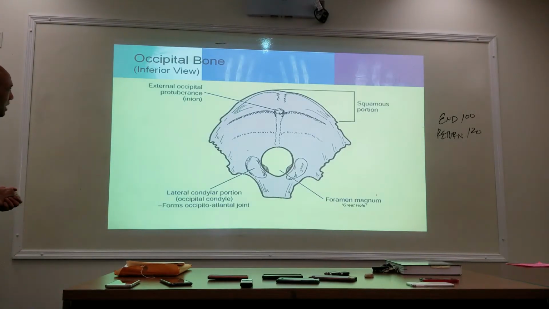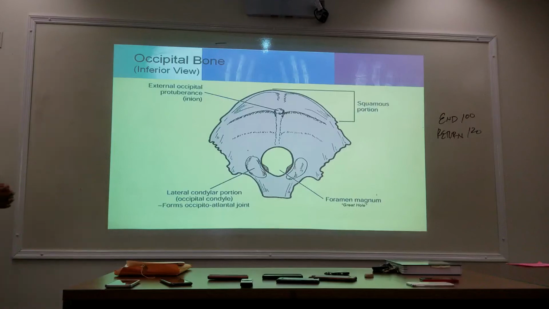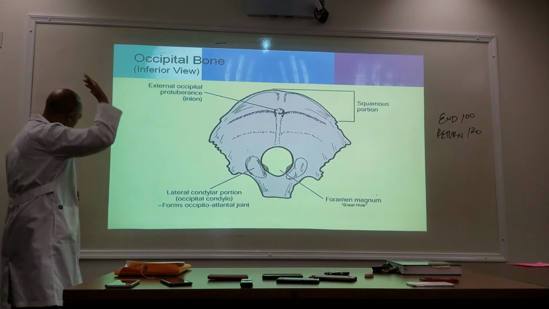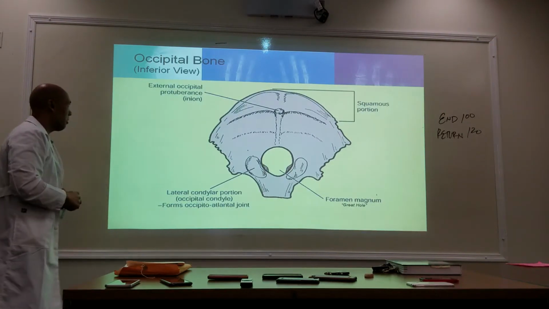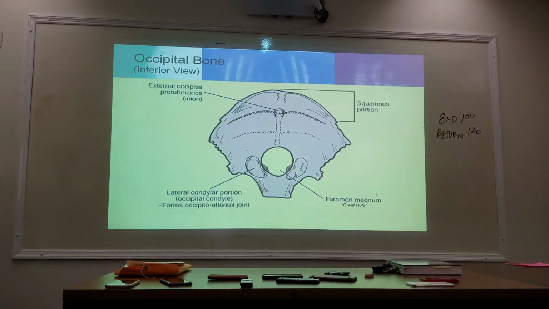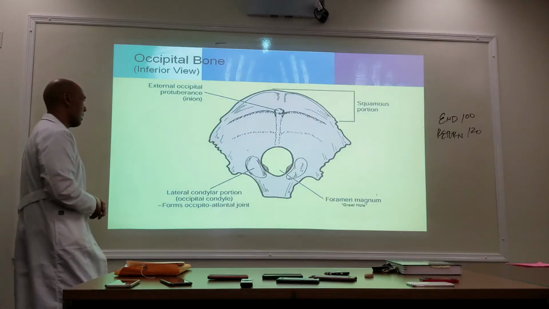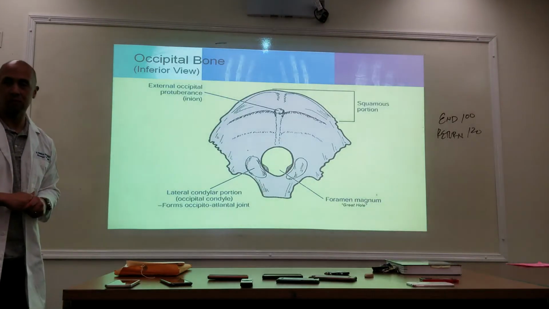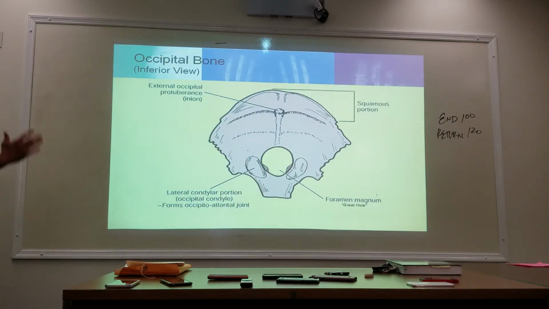All right, so here we isolated the occipital bone. On the very bottom of the bone there is the protuberance. We're also going to call that the inion. The major part of the occipital bone is the squamous portion. Squamous just means flat.